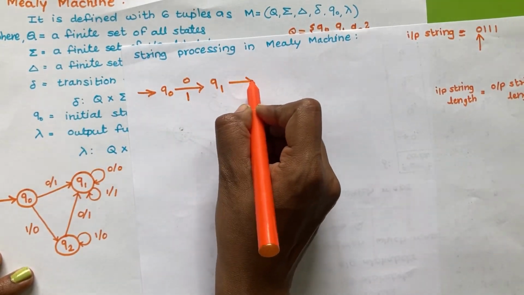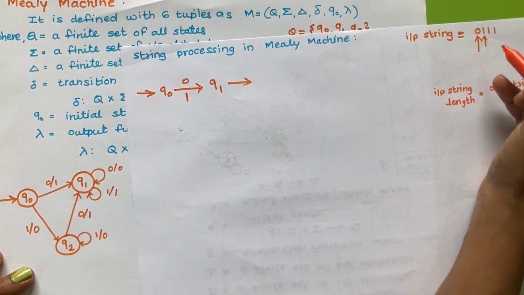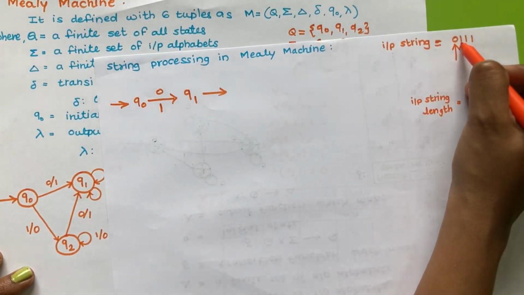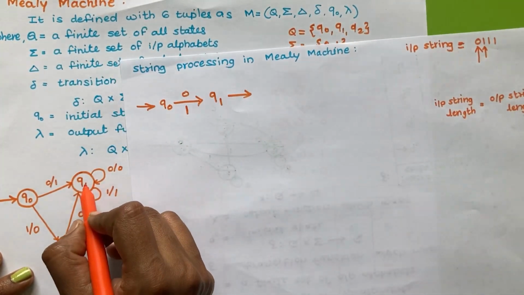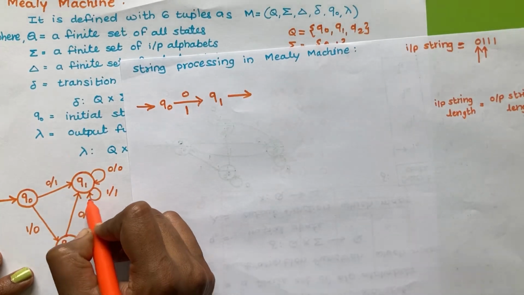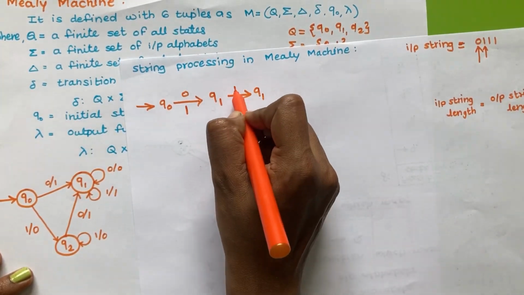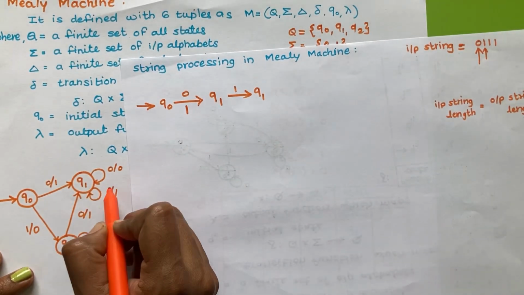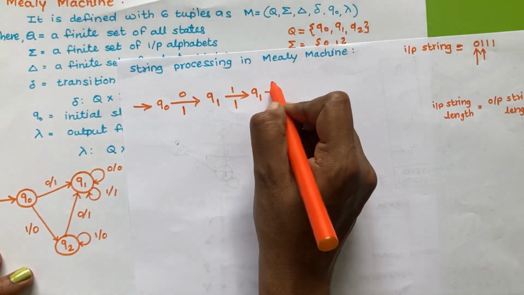Now we are at state Q1 and the next input symbol is 1. At Q1 with 1, the output state is Q1 and 1 will be replaced by 1. Now the next input symbol is again 1.